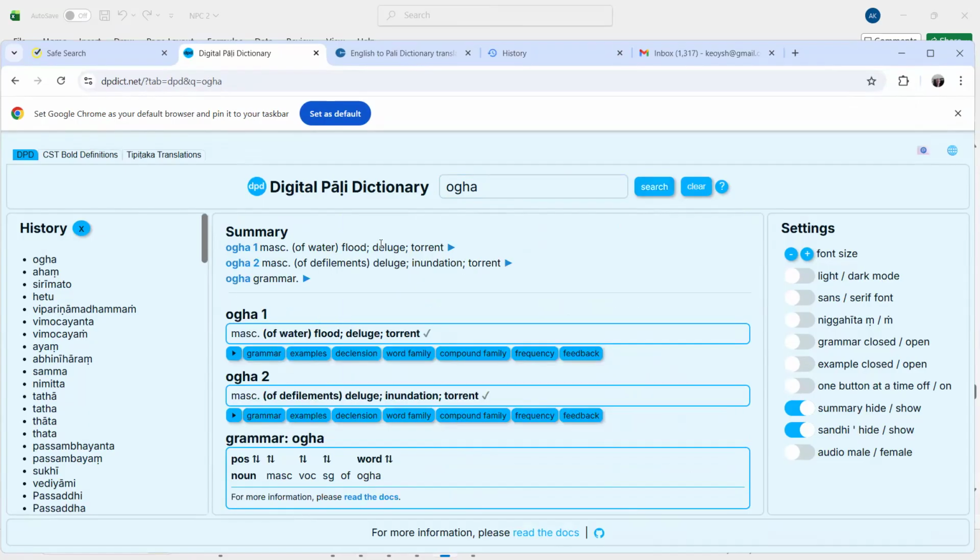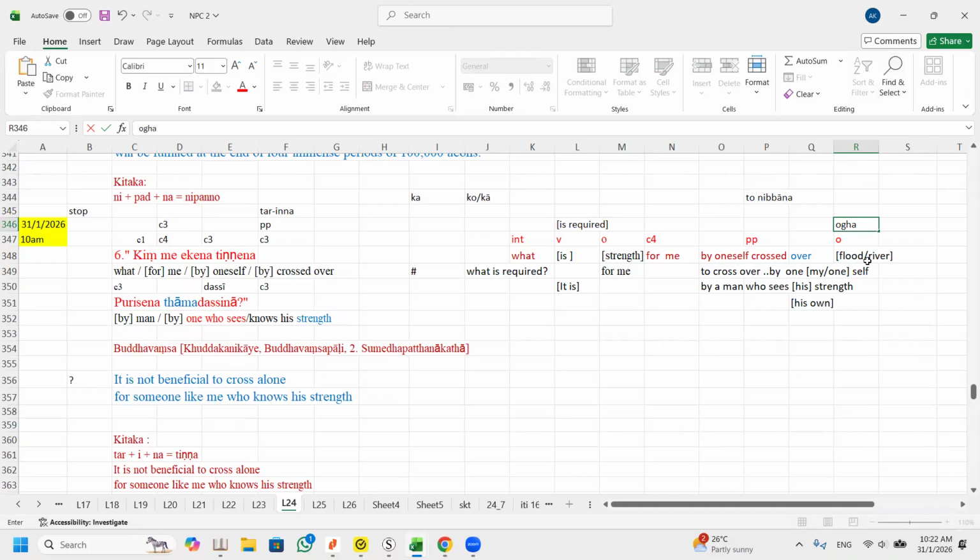The flood there means defilement, asava. So sometimes crossover means like that. Technically, it means crossing over a flood or a river.